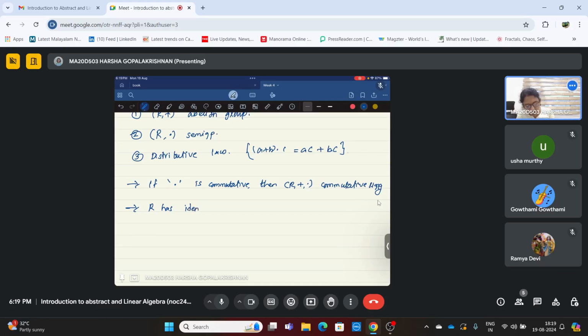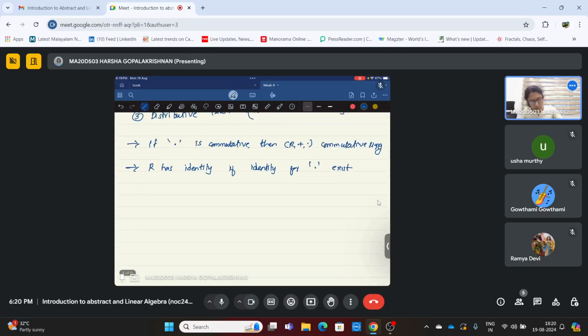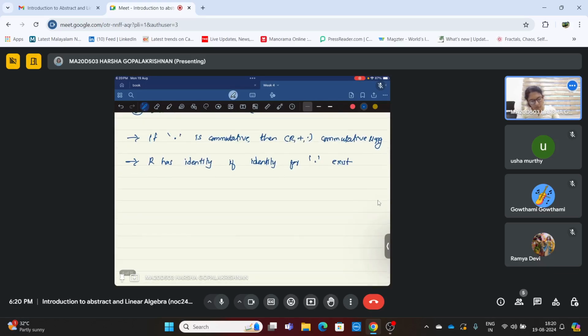R has identity if an identity for the dot operation exists. This unity means the multiplicative identity, the identity with respect to multiplication. So that element is the unity. If it exists we will call R a ring with unity.